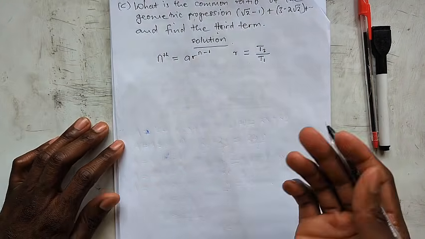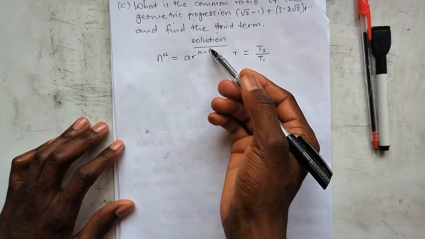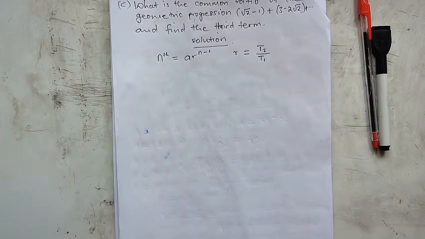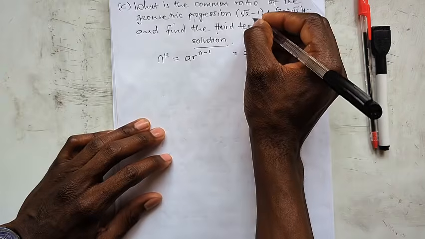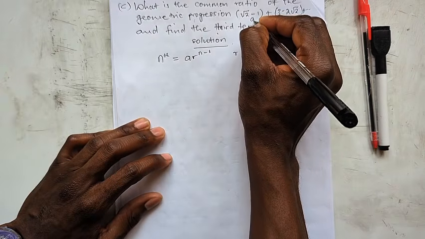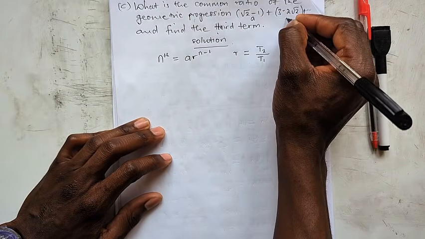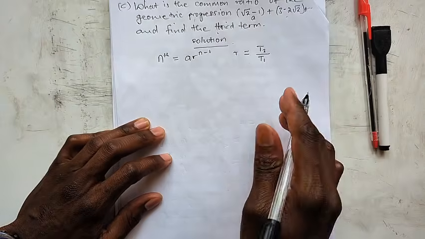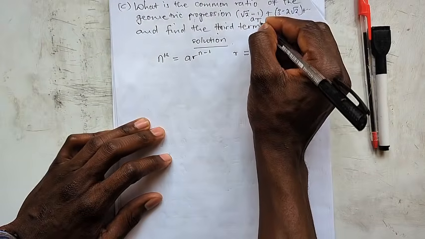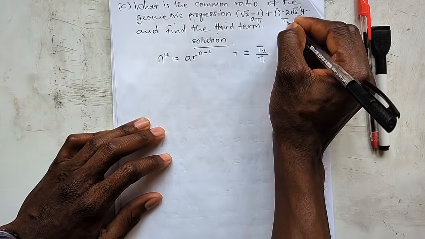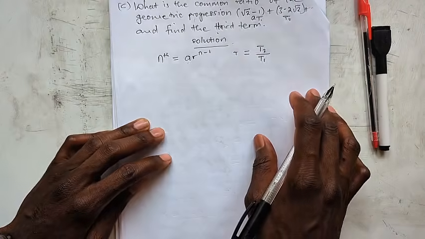Then for you to come up with the third term, it will be coming from this very sequence. This is our first term, which is a, that is our second term. So in simple terms, I'll call this T1, I'll call this T2.